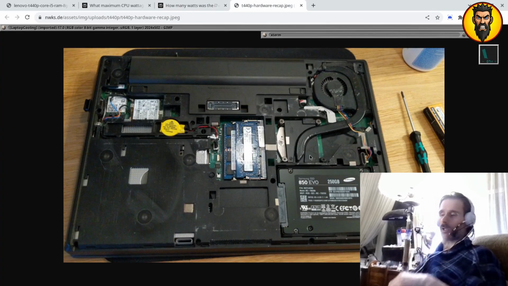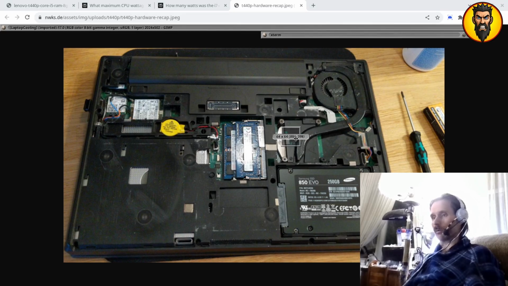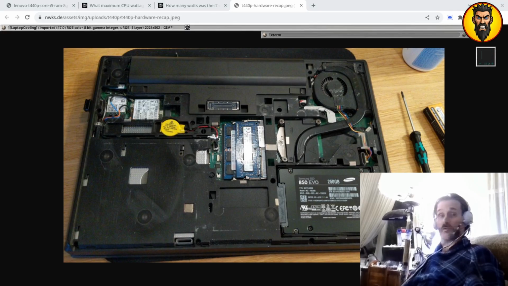This is what it looks like on the underside, under the lid on the bottom. The CPU is right here where I'm moving my cursor, and we're going to use that as an extra easy to follow cursor. All that heat has to follow that heat pipe up to this fan up here, and that one fan cools the entire thing.